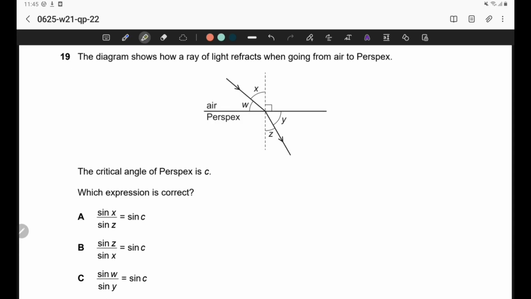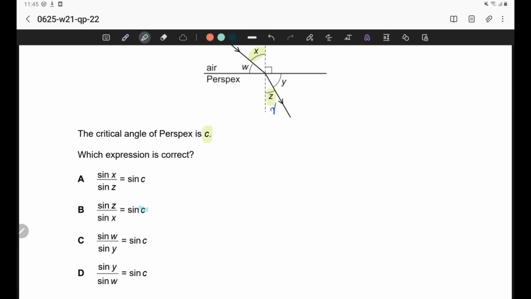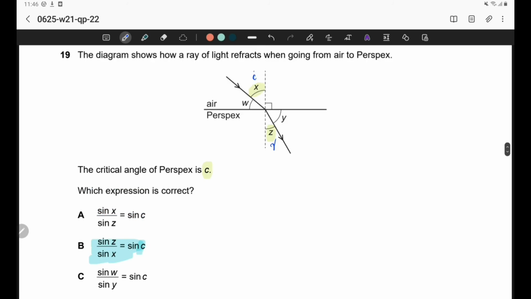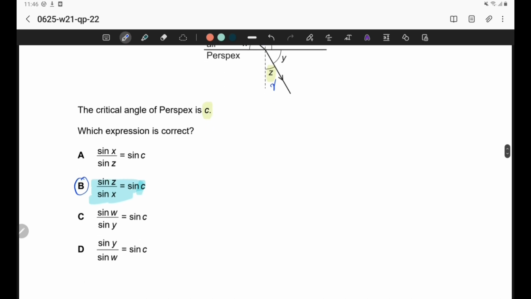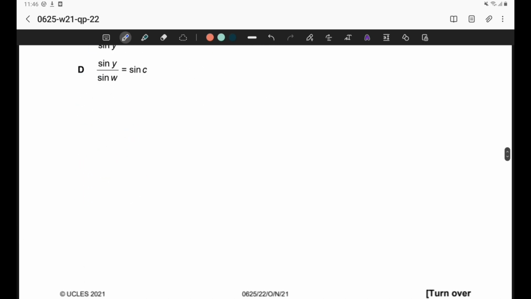So here we can see Z is the angle of refraction and X is the angle of incidence, and the critical angle is C. So the correct equation which relates C, angle of incidence, and angle of refraction is sin Z over sin X is equal to sin critical angle. Therefore the correct answer is option B. You have to memorize the equations related to this topic, then only you will be able to solve these questions.